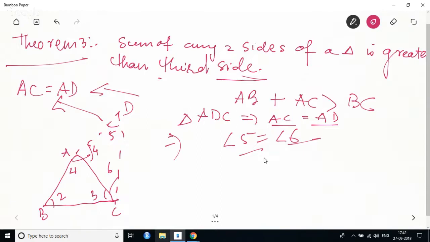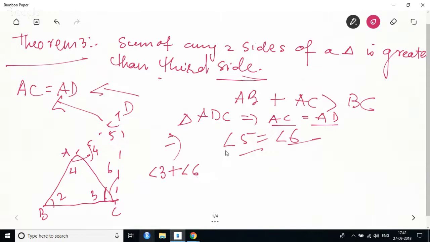Now try to understand. Now suppose I take this angle. One second. Look at here, guys. Now suppose I take this angle. So what is this angle? Angle 3. And I take this angle, angle 6.